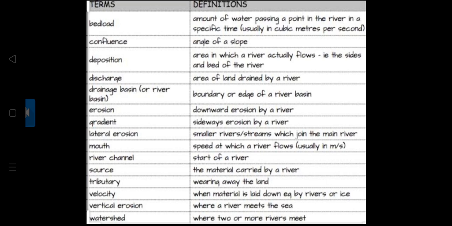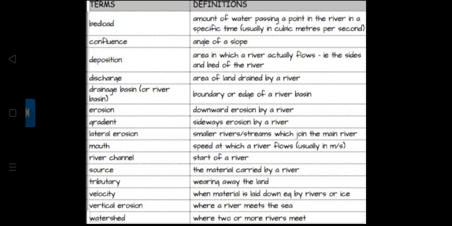Now, there are certain terms which we need to know very well. Bed load. Now, what is a bed load? It is the amount of water passing a point in the river in a specific time, usually in cubic meters per second. Now, students, these terms are repeatedly there in your lesson, so you need to know their meanings.